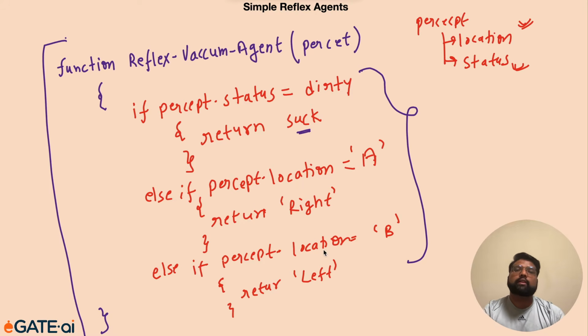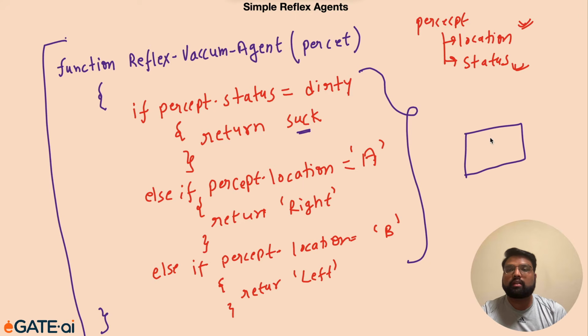One thing to note here is that we are only looking at the current percept, right? The vacuum cleaner world is a very simple example, but even in that simple example, it will only work if the environment is fully observable, right? But if the environment is partially observable, then there is a problem. All right, let's see what the problem is.